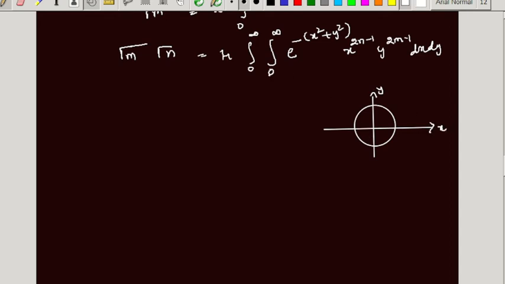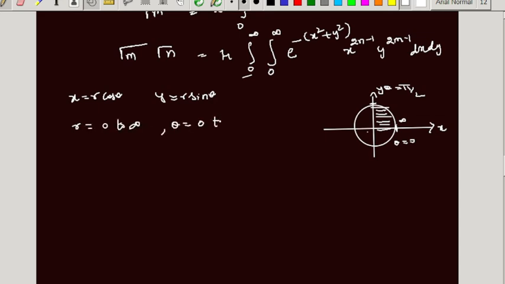Here x is 0 to infinity, and y is 0 to infinity. Both are positive, so we must consider this. So here theta is 0 and theta is pi by 2. Here x we must consider r cos theta, y is r sin theta. So r is 0 to infinity, theta is 0 to pi by 2.